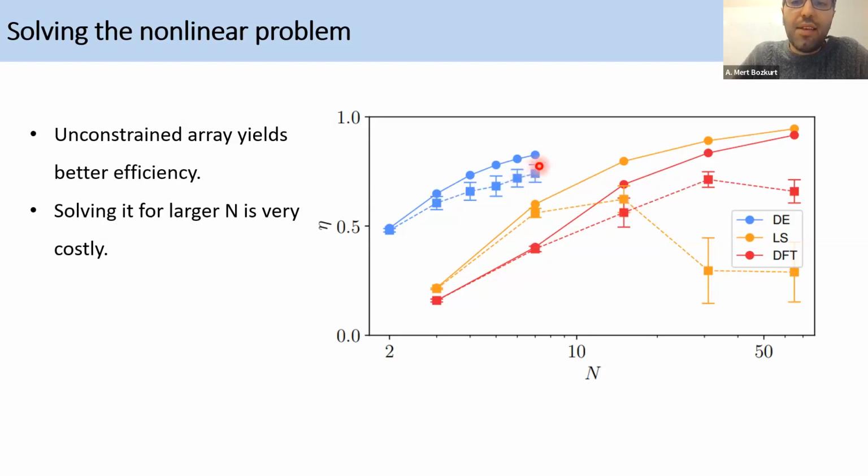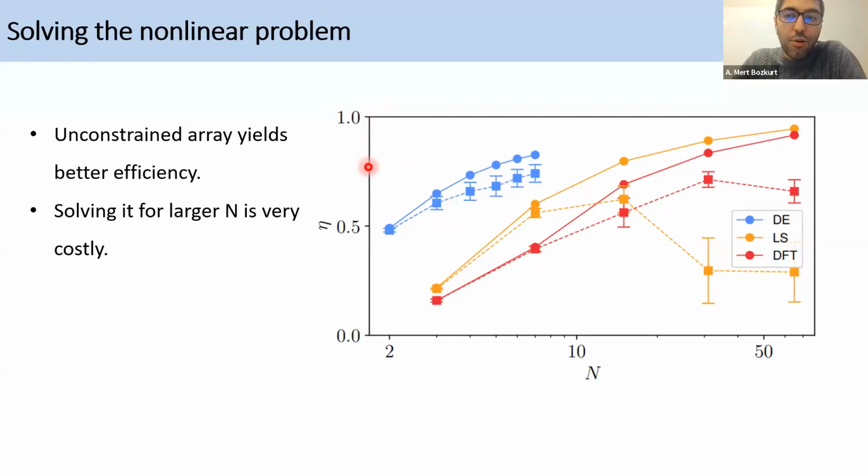But it is numerically very costly to simulate large n values, so we have to truncate at a finite n, a very small n, compared to the least squares and discrete Fourier transform, which are quite fast. And finally, you can see that the discrete Fourier transform is underperforming a bit at low n compared to the least squares because it's more of a constrained problem, but it's more resilient to disorder because least squares is actually overfitting.